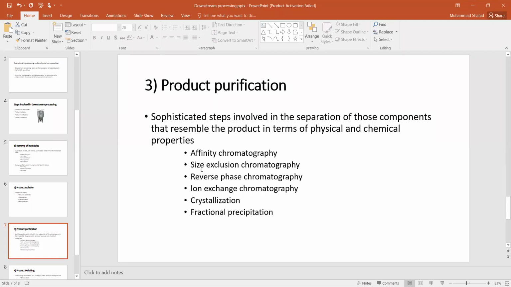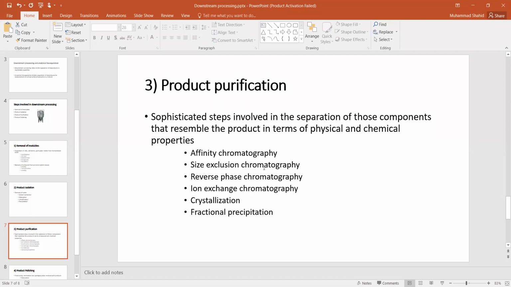Then the second type of chromatographic technique that is used for product purification is called size exclusion chromatography. From the name, it is obvious that it separates out the biomolecules on the basis of their size, and in some cases on the basis of their weight as well.